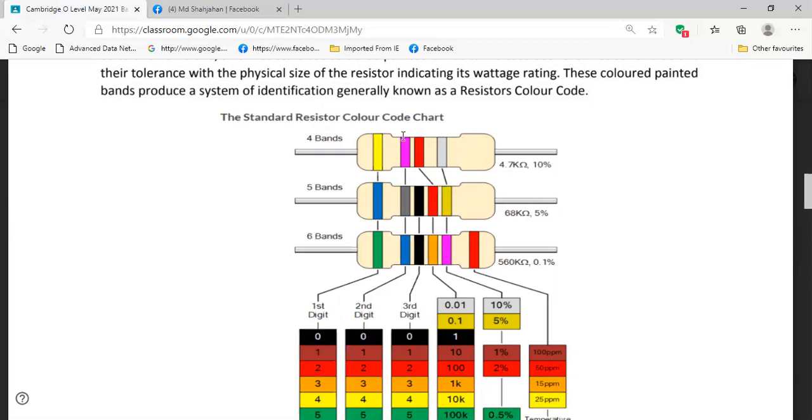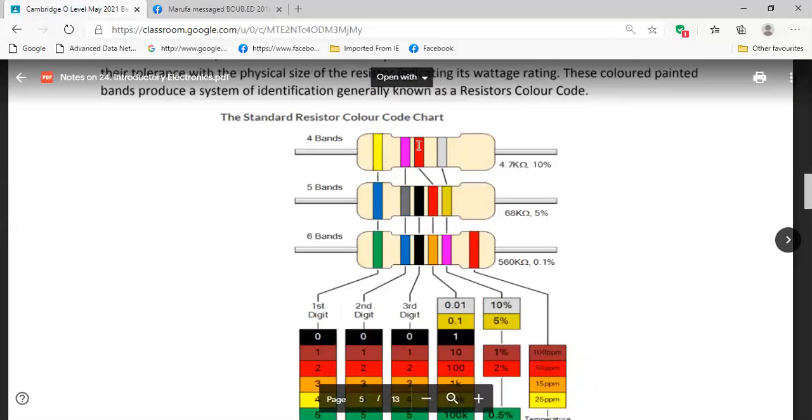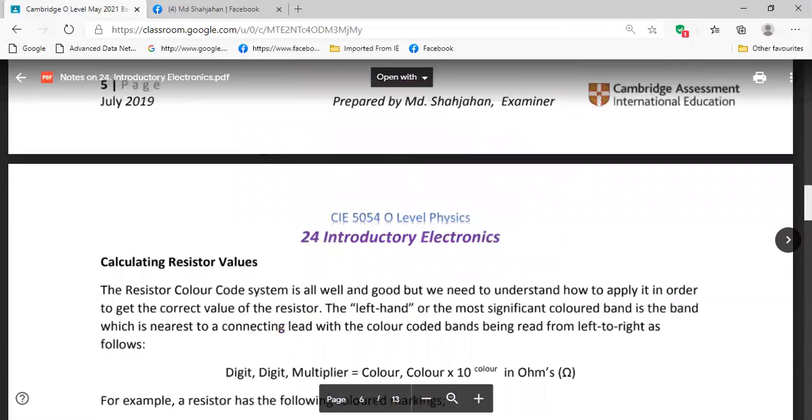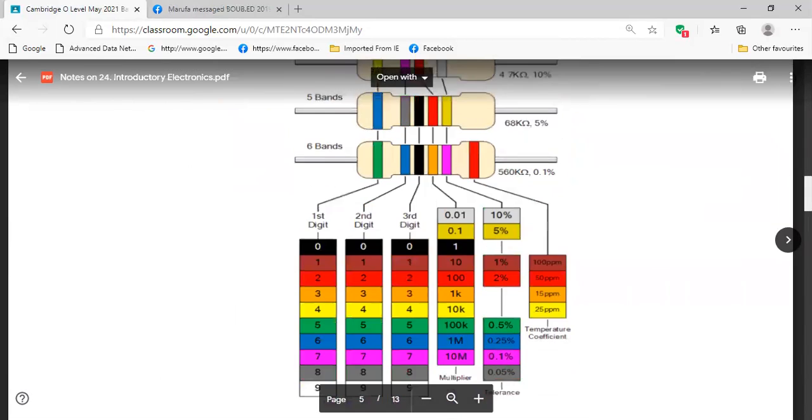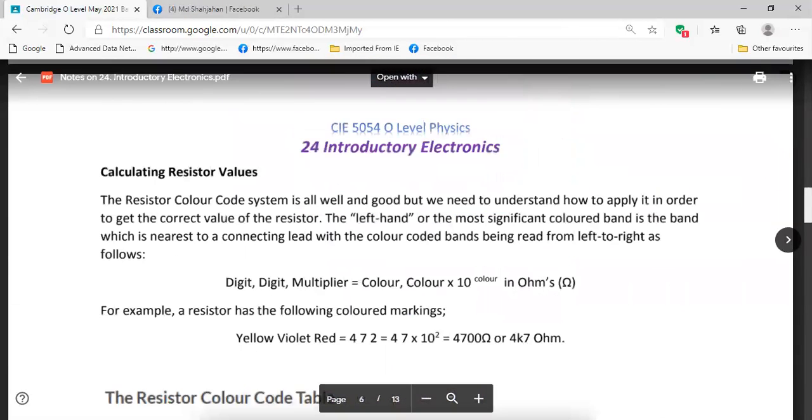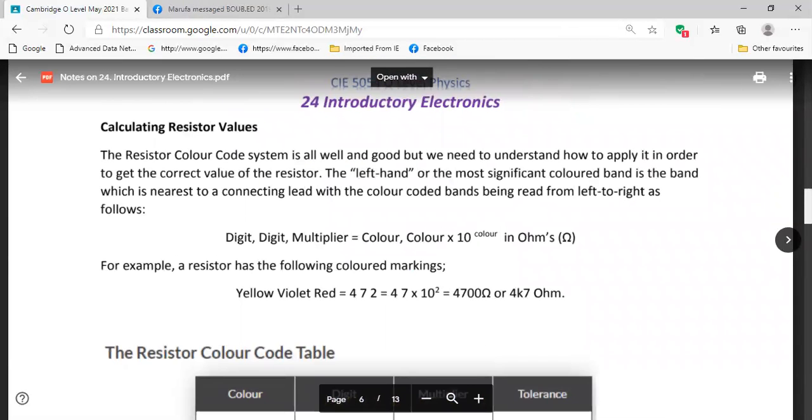Okay, so we will focus only on the 3 color bands. Is it clear? Yes, sir. Now, which three color bands? These three, the middle three. Okay, so from these three color bands, we can calculate the resistance of a resistor.